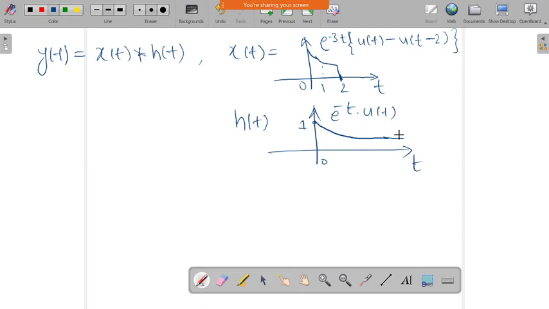Now try to find out the convolution integral. Try to do this one.